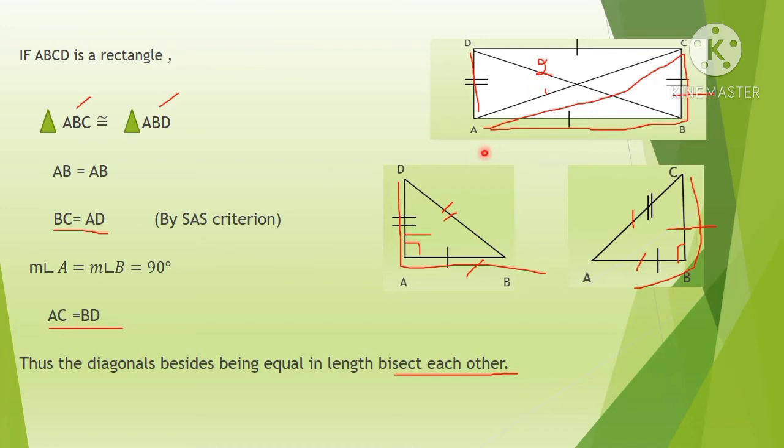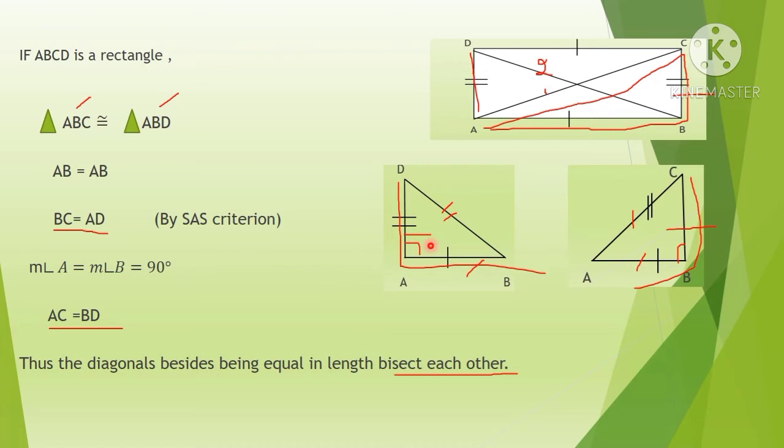Now we are going to take the triangles ABC, one triangle, and another triangle ABD. Can you see in this figure? I have drawn those triangles separately.